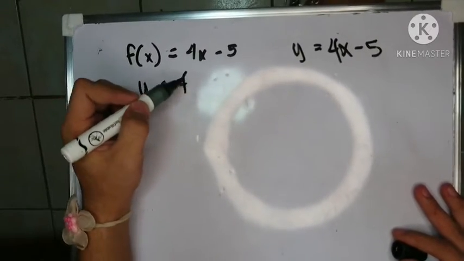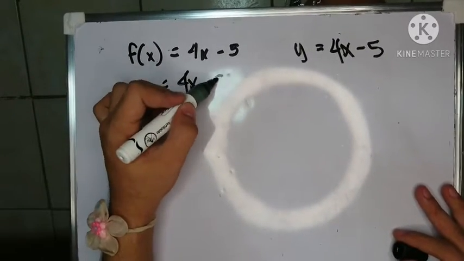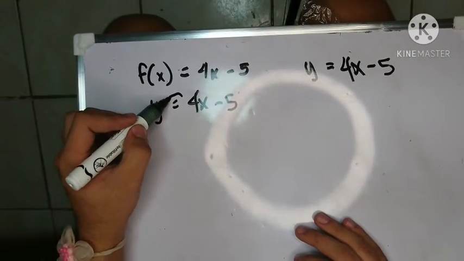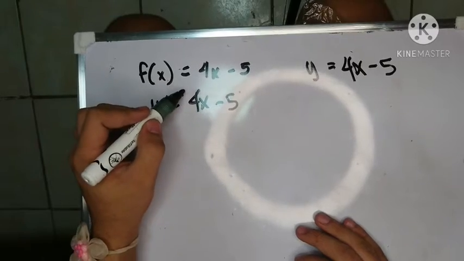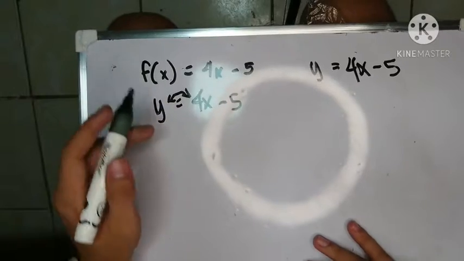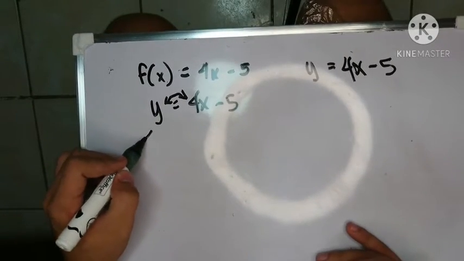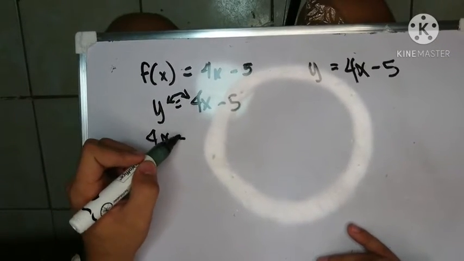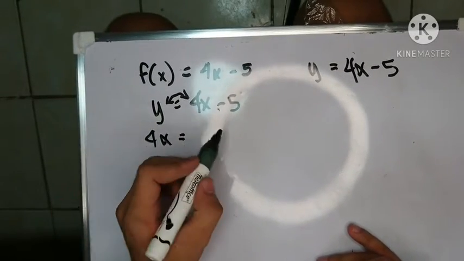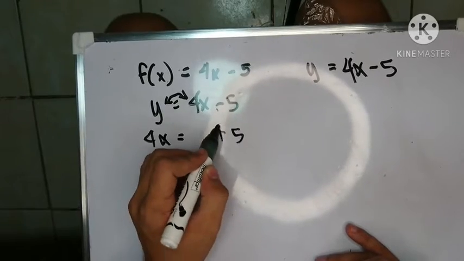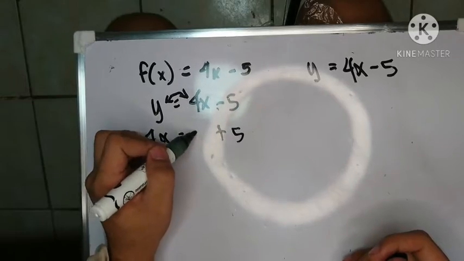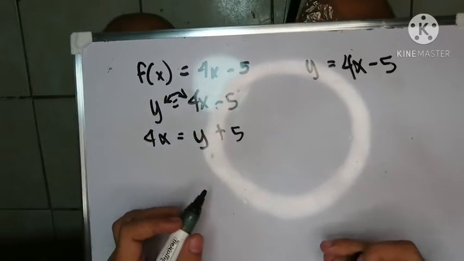Y equals 4x minus 5. We're going to switch both sides so that x becomes the first variable. So this will become 4x, and because they change sides, the negative 5 becomes positive. So what happens next is 4x equals y plus 5.